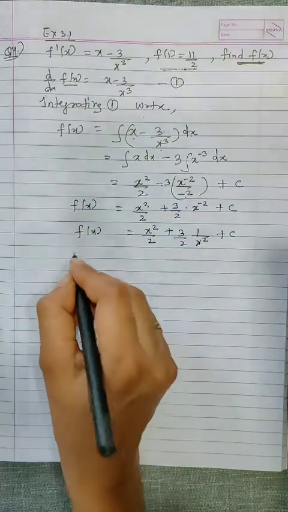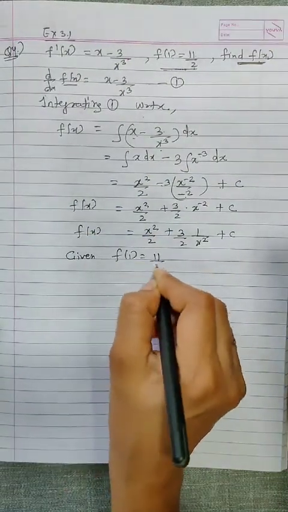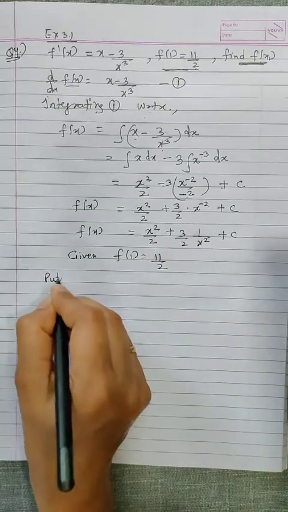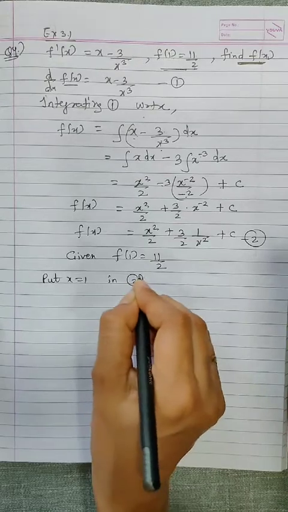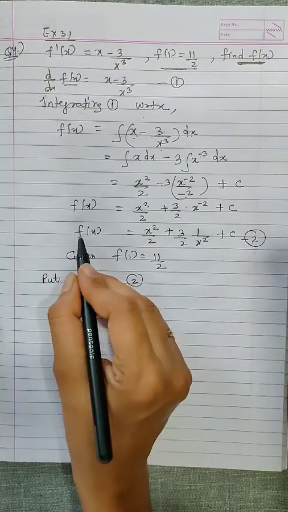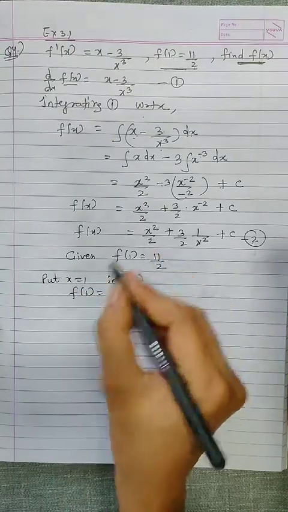Now use the given value. What we have given? Given f of 1 equal to 11 by 2. So put x equal to 1 in equation number 2. When you put x equal to 1 in equation 2, this will become f of 1. Instead of x we have to put 1.